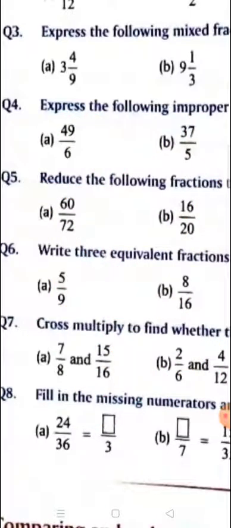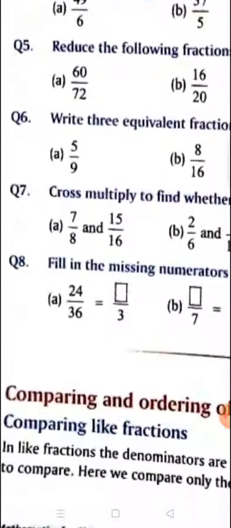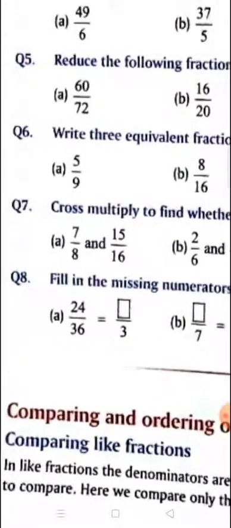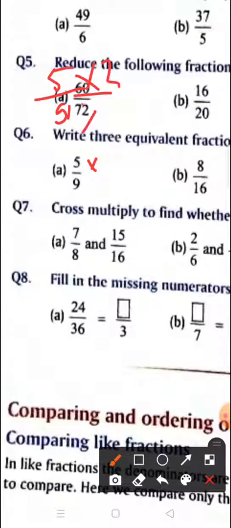Question 6. Write 3 equivalent fractions. You have to write 3 equivalent fractions. Very simple. How? Your fraction is 5 upon 9. Multiply 5 upon 9 by 2. What do you get? 5 2s are 10 and 9 2s are 18.